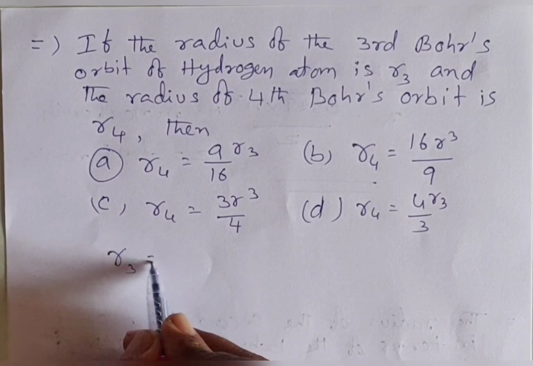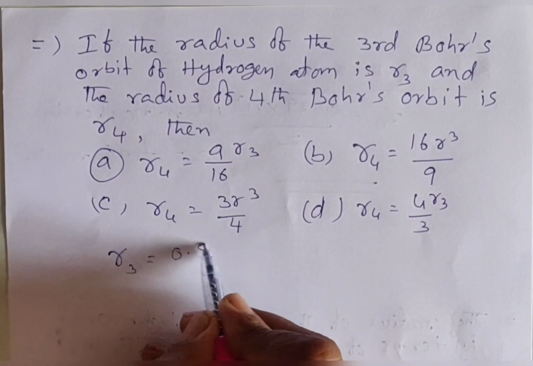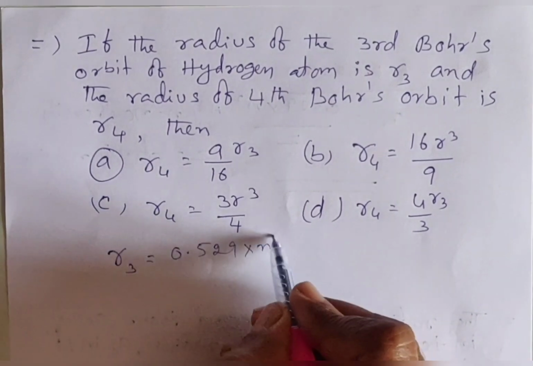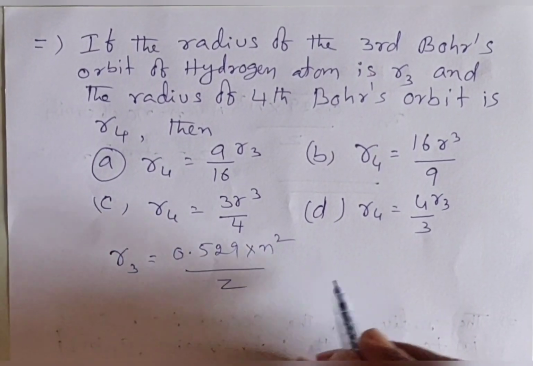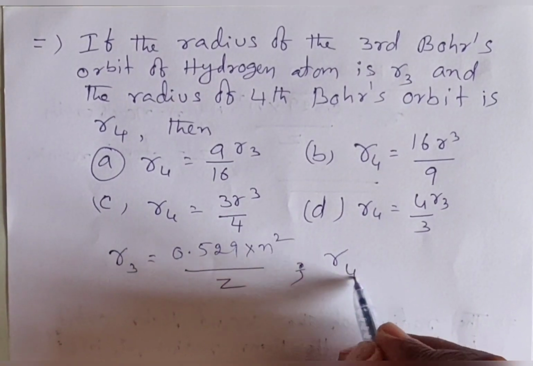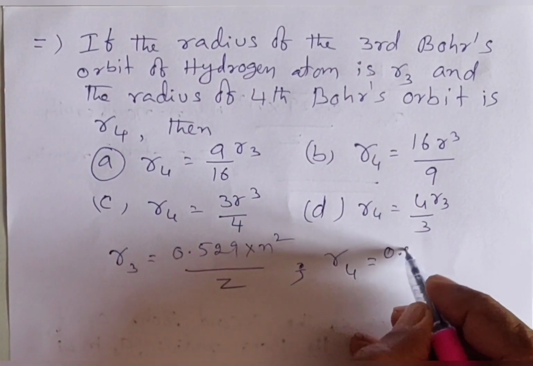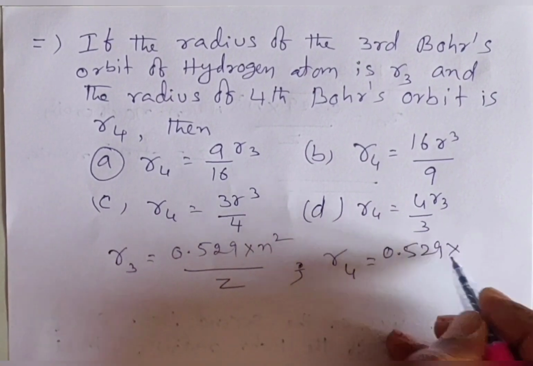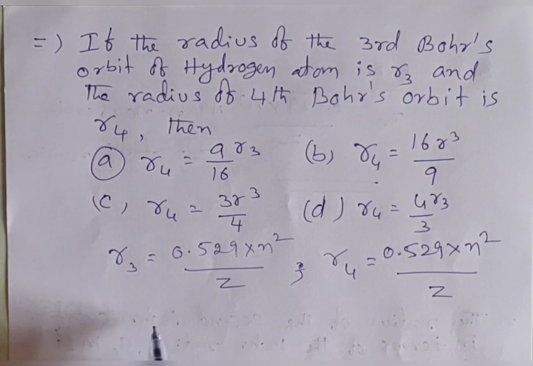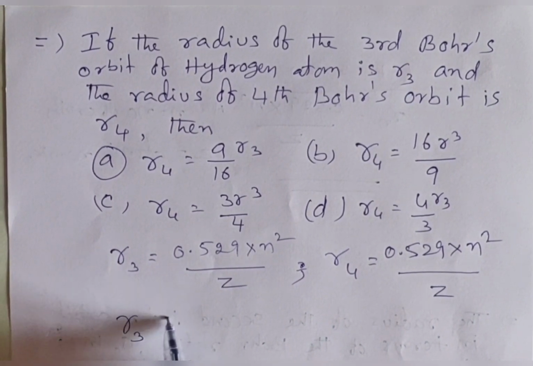R3 is equal to 0.529 into n square by Z. Similarly R4 also, R4 is equal to 0.529 into n square by Z.